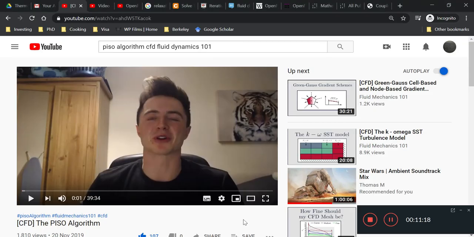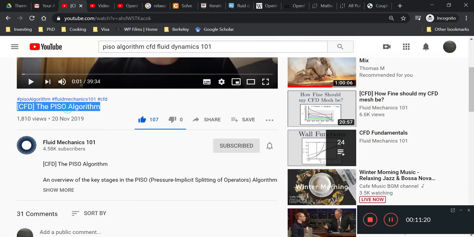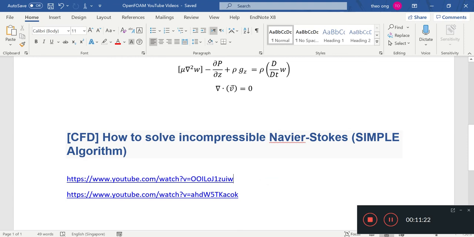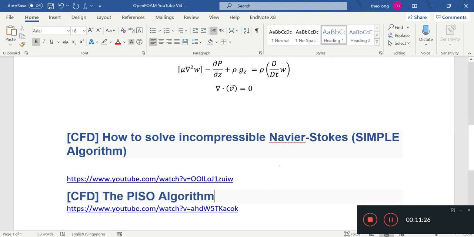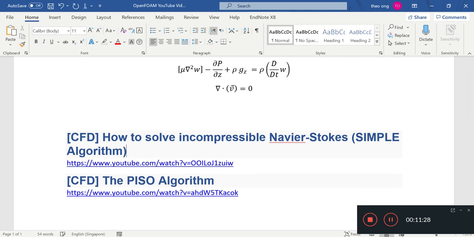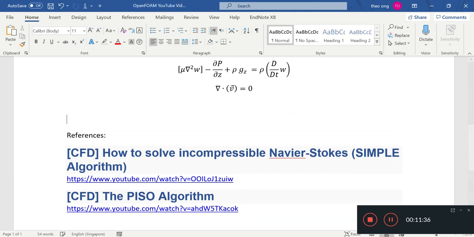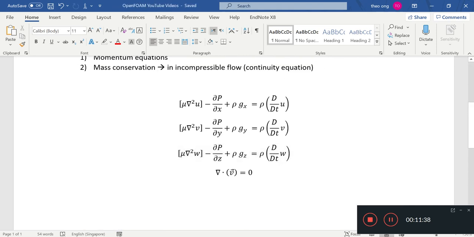Both of these are very important to understanding the pimpleFoam algorithm. So these are some of my references.